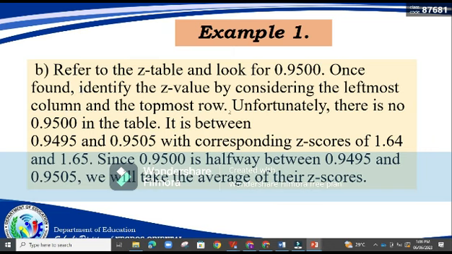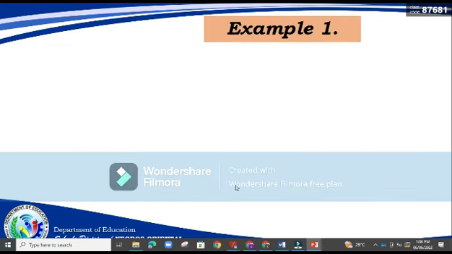Once found, identify the z value by considering the leftmost column and the topmost row. Unfortunately, there is no 0.9500 in the table. So it is between 0.9495 and 0.9505 with corresponding z-scores of 1.64 and 1.65. Since 0.9500 is halfway between 0.9495 and 0.9505, we will take the average of their z-scores.